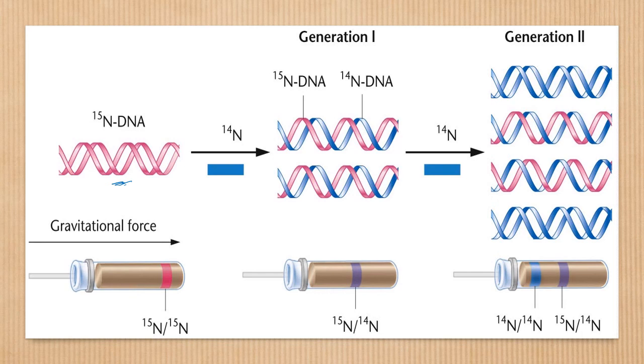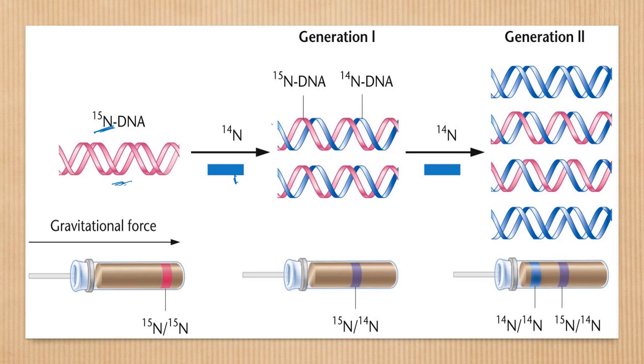Now here the DNA is synthesized in the nitrogen isotope, that is N15. That's why all the nitrogen present in this DNA is N15. And here the blue strand indicates the light nitrogen N14.